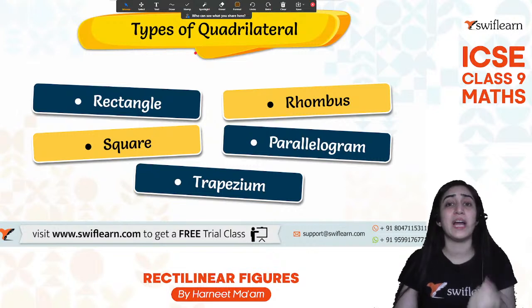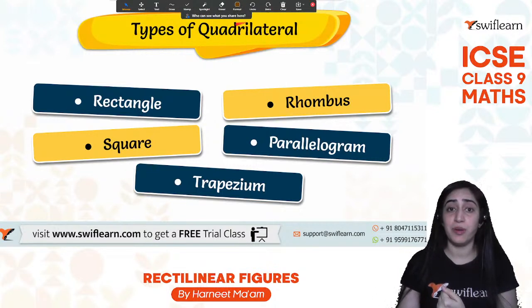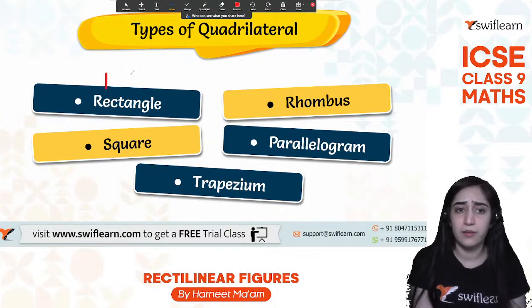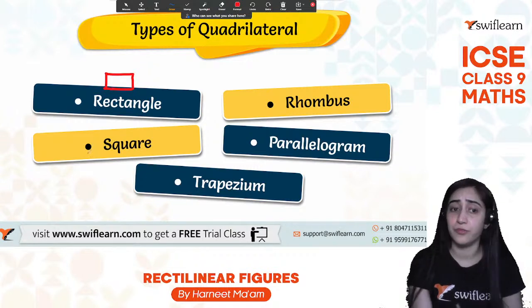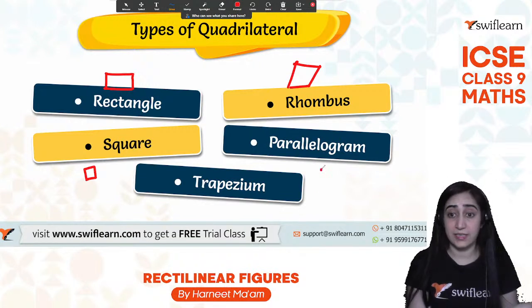Now coming on to types of quadrilaterals. When I was naming, I said that quadrilaterals can be of different types. When we talk about a rectangle, yes, it is a four-sided figure. When we talk about a square, it is a four-sided figure. When we talk about the rhombus, yes, it is a four-sided figure. When we talk about a parallelogram, yes, it is a figure.